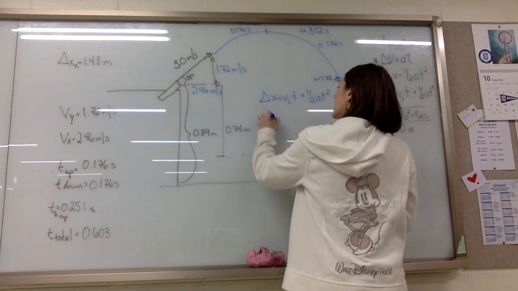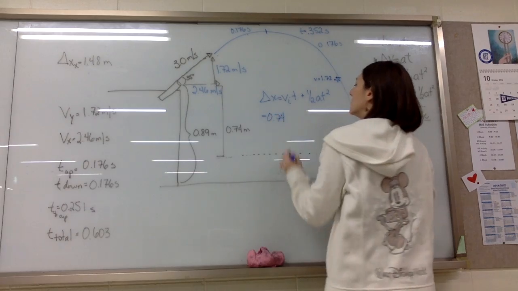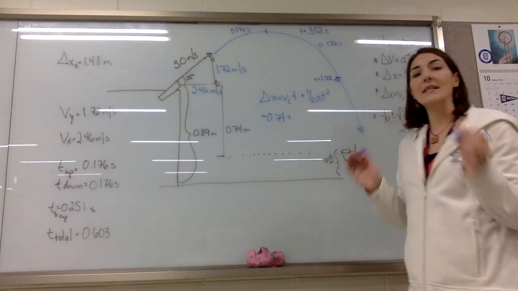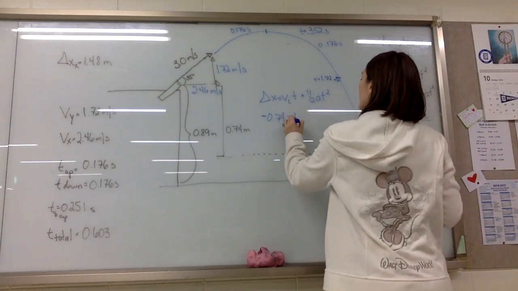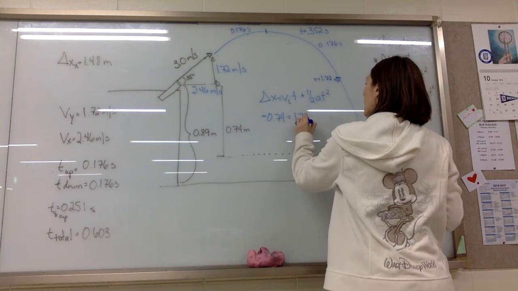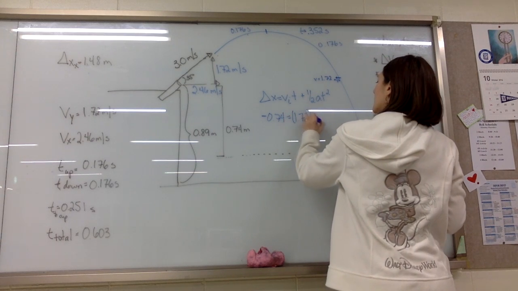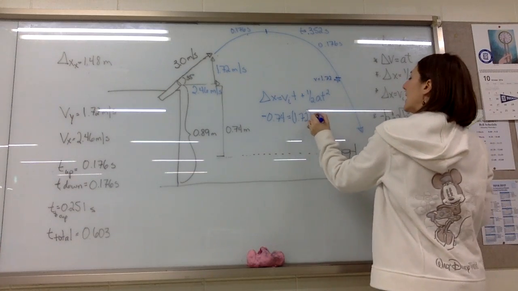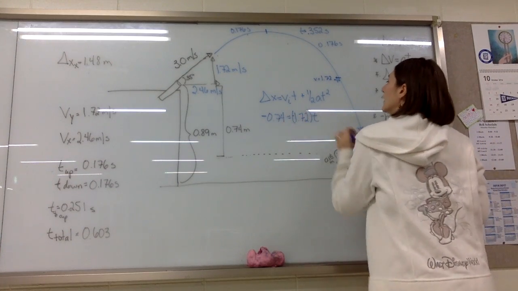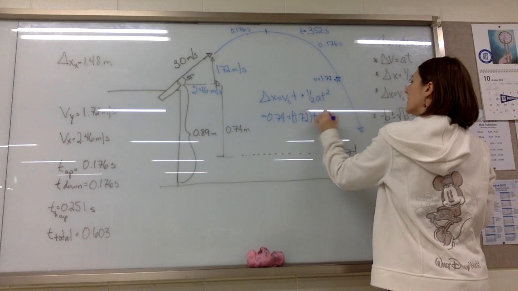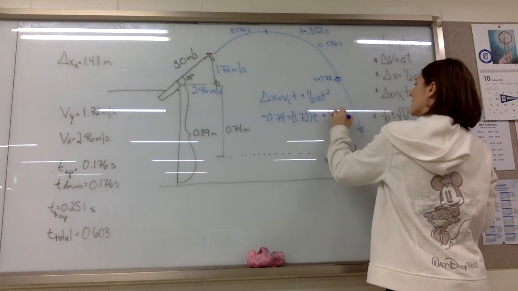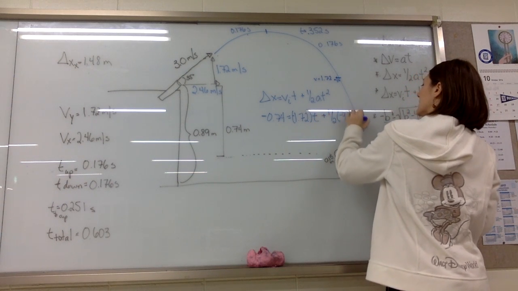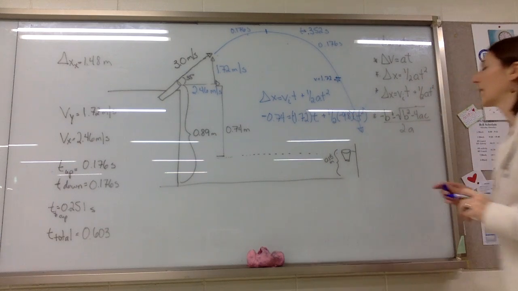So negative 0.74 equals, my initial velocity is 1.72 times time, plus 1/2 negative 9.8 times t squared.